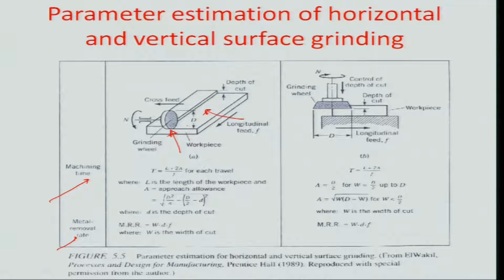For the vertical surface grinding also the same kind of estimate has been made in this figure. Both the machining time as well as the metal removal rate are slightly different in this case. And this is only geometrically derived in any manufacturing process technology course.